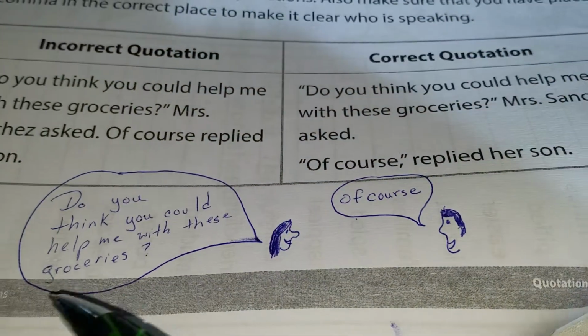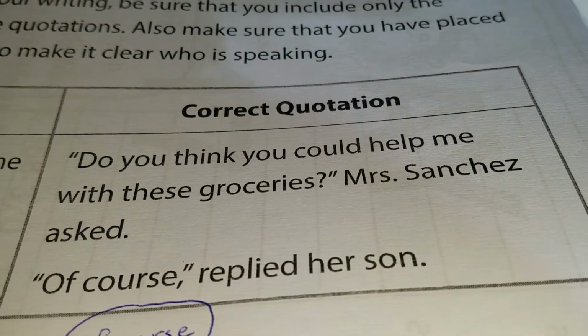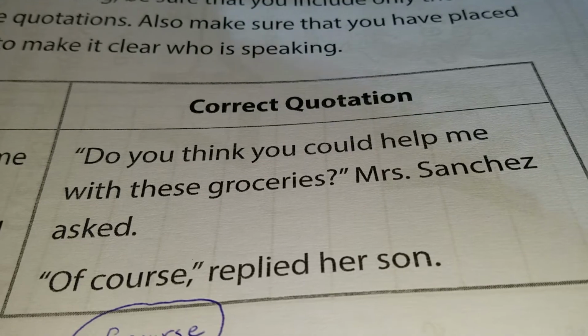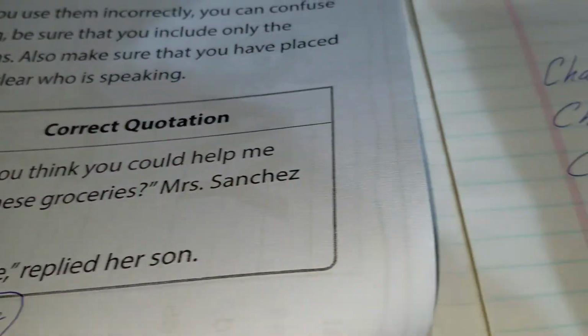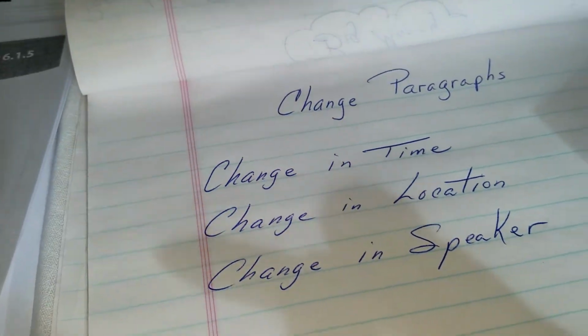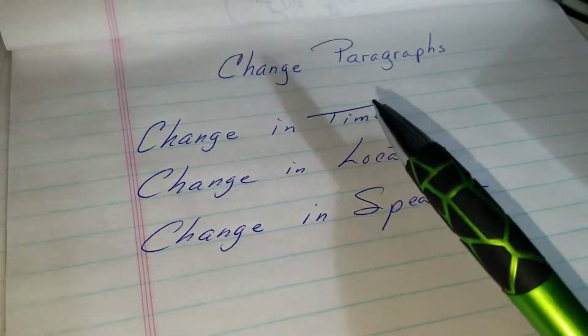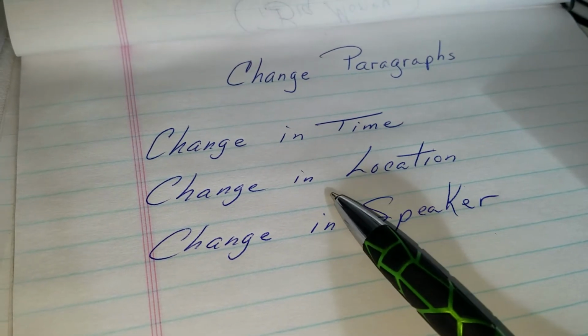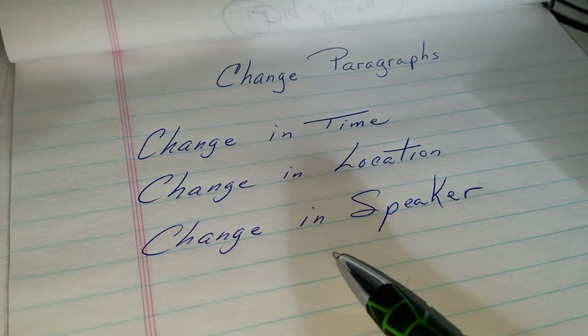If you can see the difference there, I think you'll see why you need to break the paragraph. You need to start another paragraph. In fiction, it's one of the rules for changing a paragraph. Nonfiction, when you're writing a research piece, of course, has different rules. But if you're writing a fiction piece, these are some of the guidelines for when you need to change a paragraph.